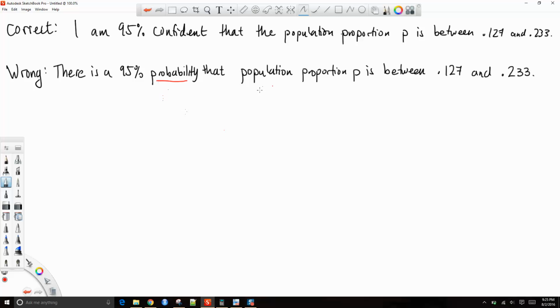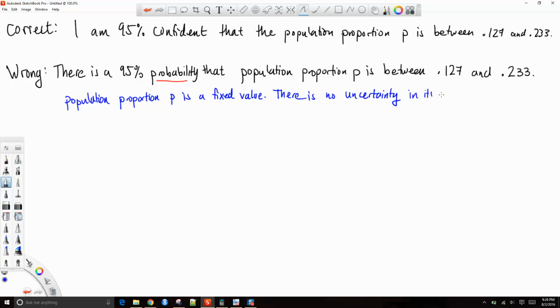So we'll say the population proportion here is a fixed value. Now, uncertainty in its value, even if we do not know what that is.